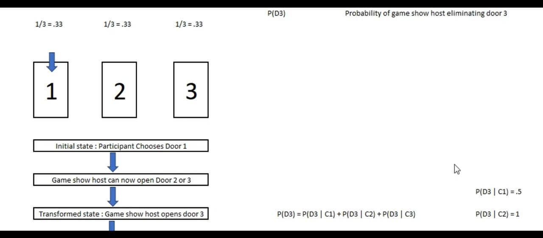So it is expressed in the form of P of D3 given C1. Here C1 stands for the car being available behind door 1. And likewise P of D3 given C2, where C2 stands for the car being available behind door 2, and P of D3 given C3, here C3 stands for the car being available behind door 3.